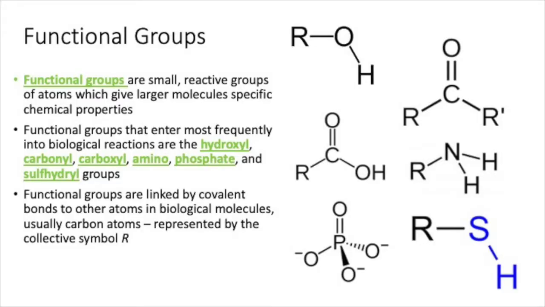So we talked about functional groups in labs. Functional groups are these small reactive groups that attach to those R groups. Those R groups can be the hydrocarbons or whatever is attached to it. So those are those engines that run the system.